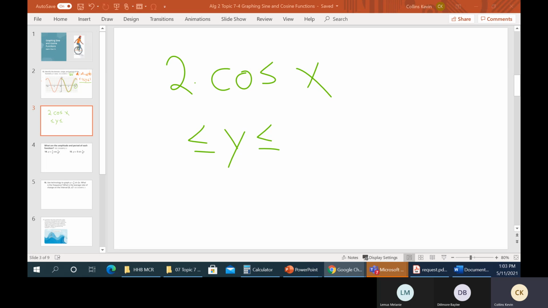Yeah, exactly. So the lowest it'll go will be -2, and the highest it'll go will be +2. So this number out front, they give this a special name. We call that an amplitude. An amplitude is just telling you how big the roller coaster is.